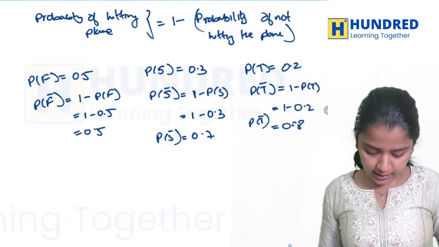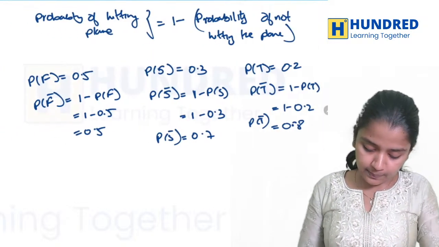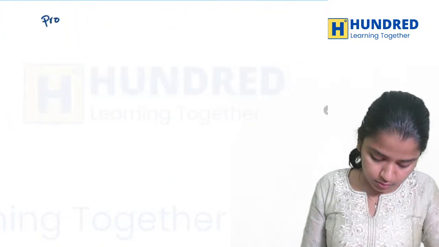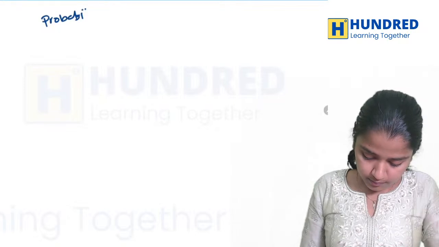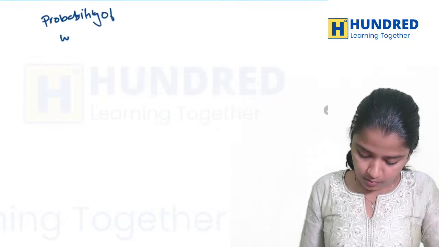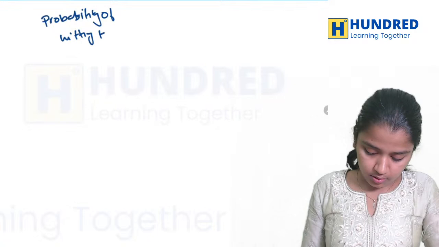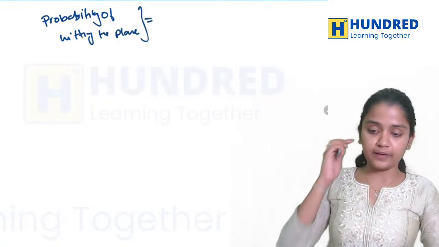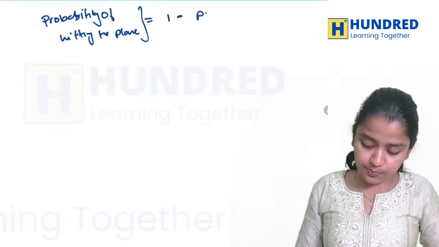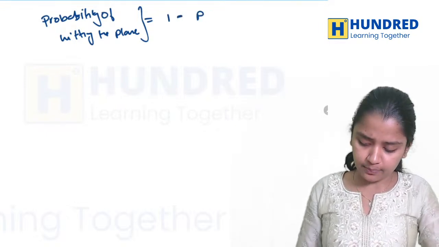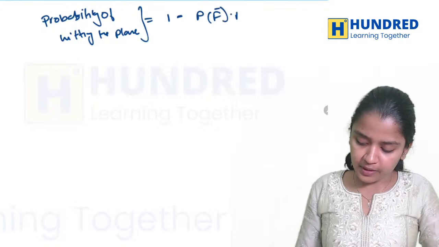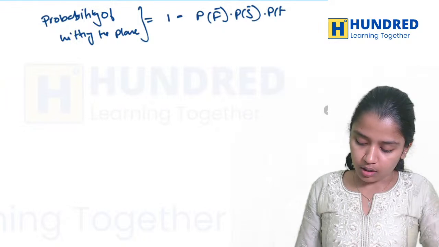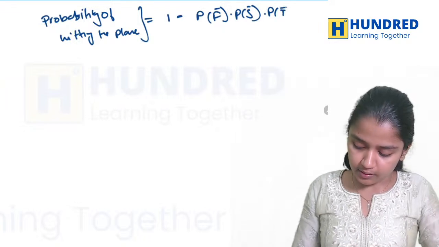So basic law, probability of hitting the plane is nothing but 1 minus probability of not hitting the plane, which is P of F complement into P of S complement into P of T complement.